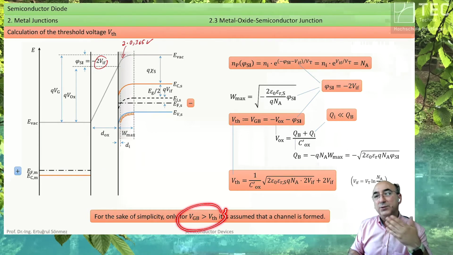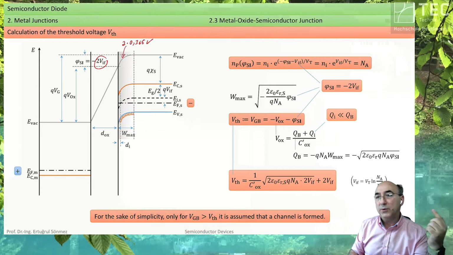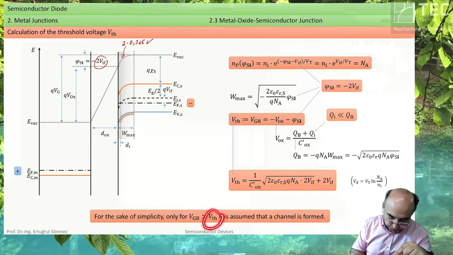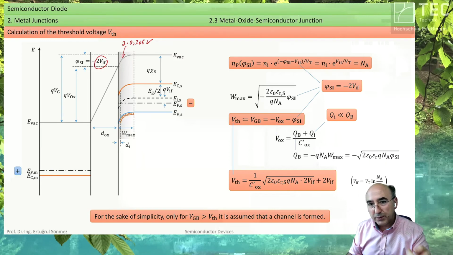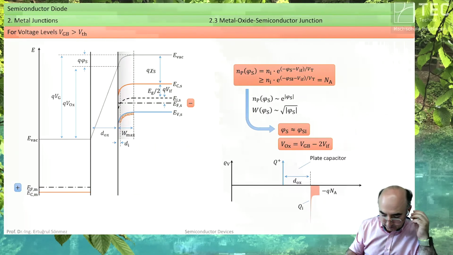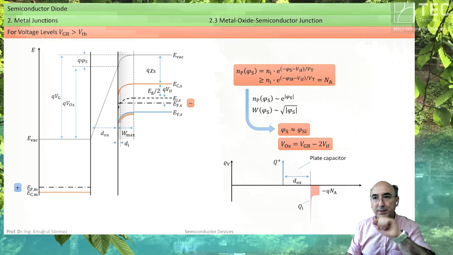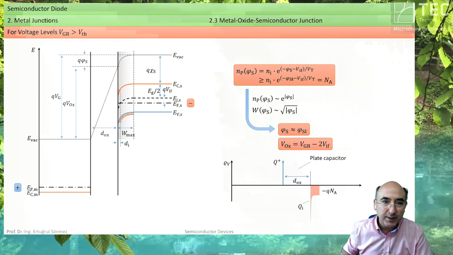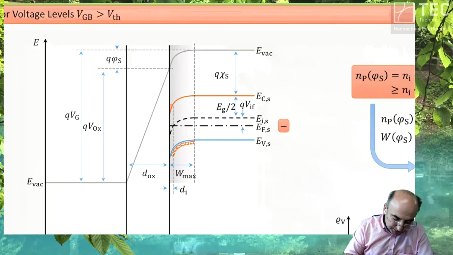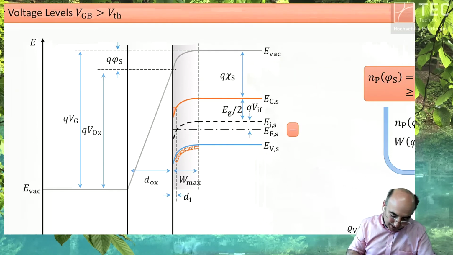For us, the transistor is off for lower voltages than the threshold voltage and starts to conduct for higher values. What does that mean? It means the following.